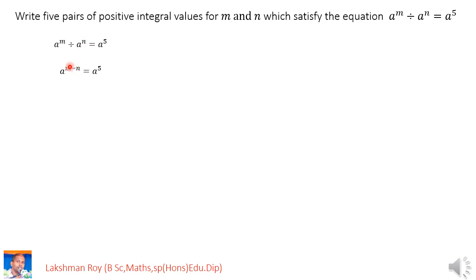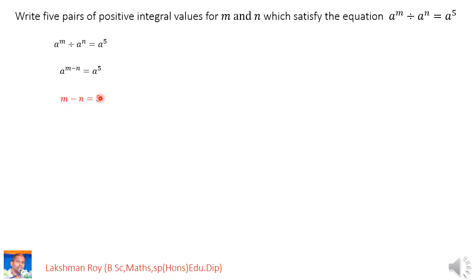Then you can see both left hand side and right hand side have the same base, so the indices should be equal. Otherwise these are not equal. So m minus n should equal 5, that is the result.